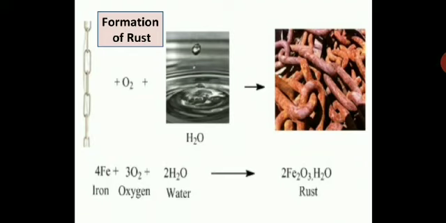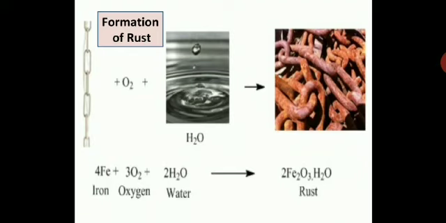So when it is attacked by oxygen and water vapors, it will form the unwanted rust, that is iron oxide. Children, please take down this equation: 4 Fe plus 3 O2, that means 4 atoms of iron and 3 molecules of oxygen, plus 2 molecules of water, will combine to give you 2 molecules of Fe2O3 dot H2O.